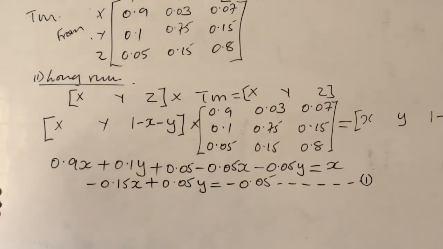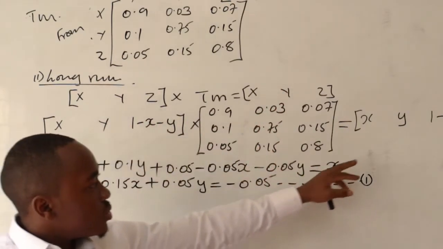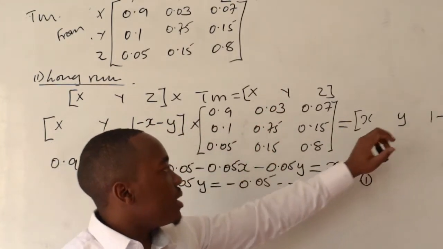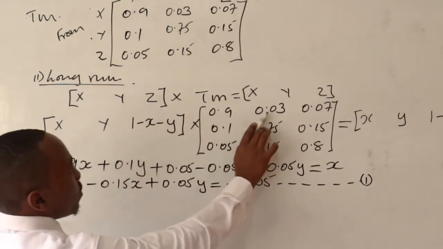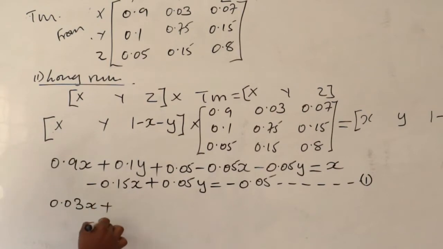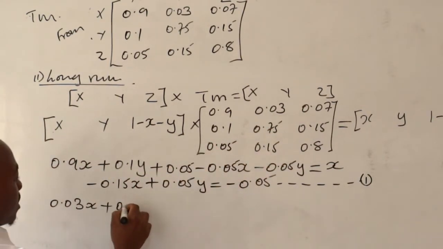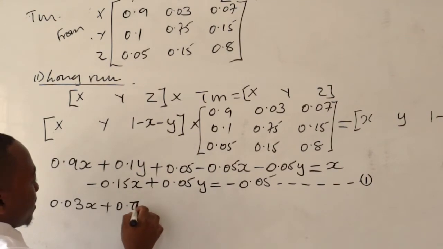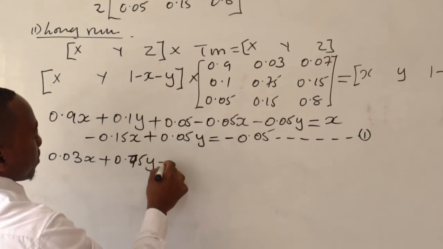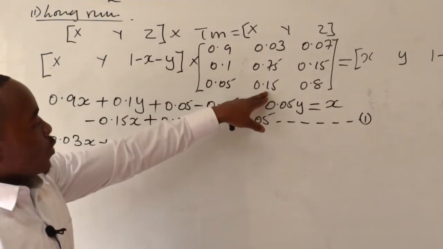Because we have X and we have Y. So now let's try to use the second column there. First row, second column, so that you can get your y. So it will be x times 0.03, and you have 0.03x plus y times 0.75, you have 0.75y plus 1 minus x minus y, you multiply by 0.15.